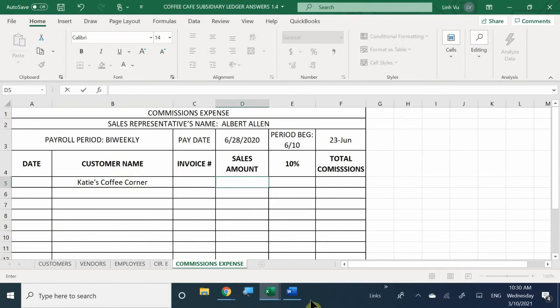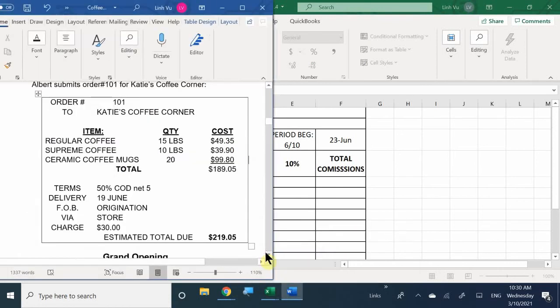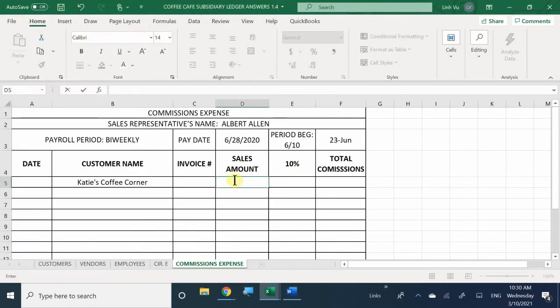what's the grand total on the sales order? $219.05, right? Because not only are we going to charge for the $189.05, we also have to tack in that $30 delivery fee. So in this case, the total amount is going to be $219.05.